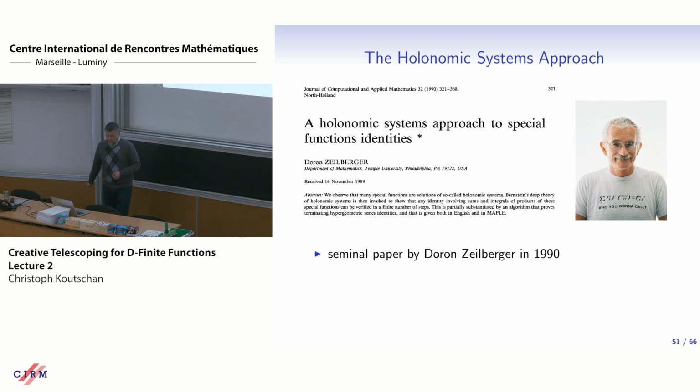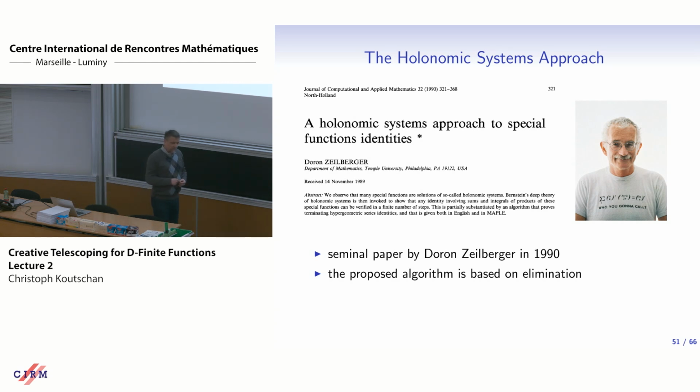Okay, so also the multivariate thing was initiated by Zeilberger. And actually, this was the seminal paper that started all this business, and then the algorithm that I showed you on Tuesday came a bit later. So this is the starting point, basically, of all this theory. And the algorithm that is given in that paper is based on elimination.